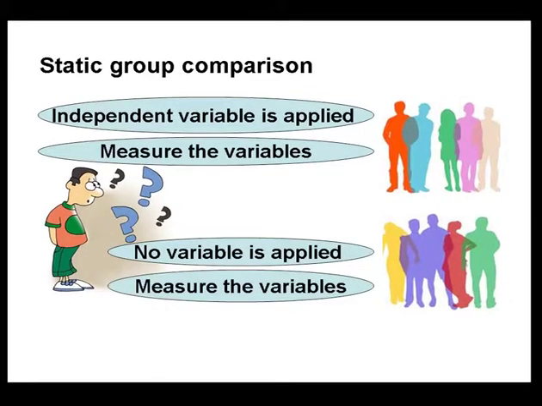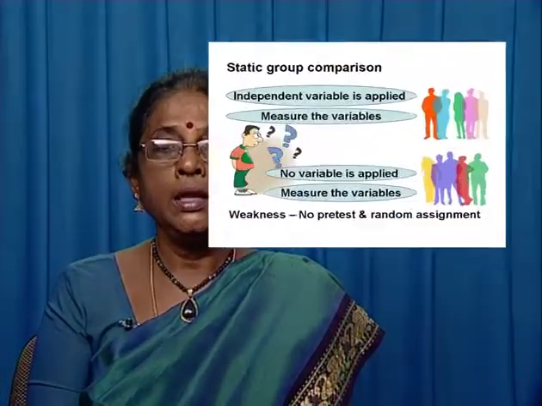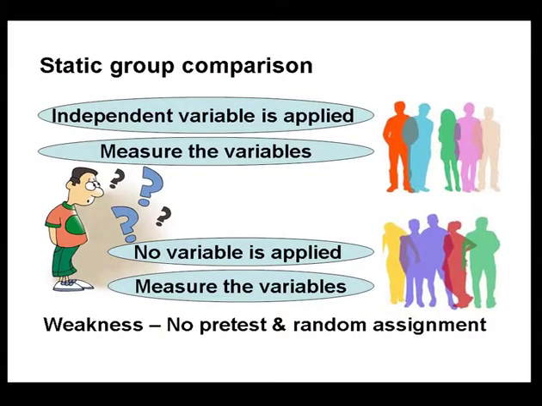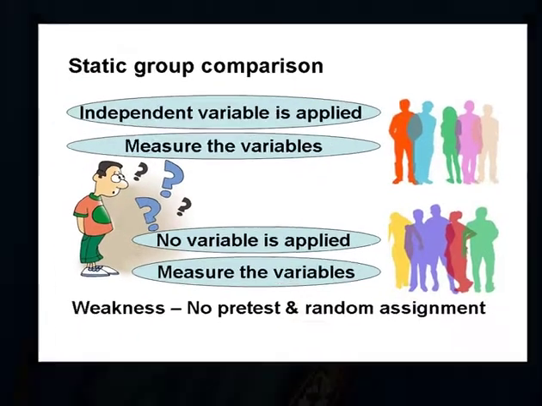At the end, both the groups are asked to complete a questionnaire to prove the effect of the variable. But again, in this design, the researcher cannot conclude for definite that the effect was due to the variable introduced, since no pre-test was done.